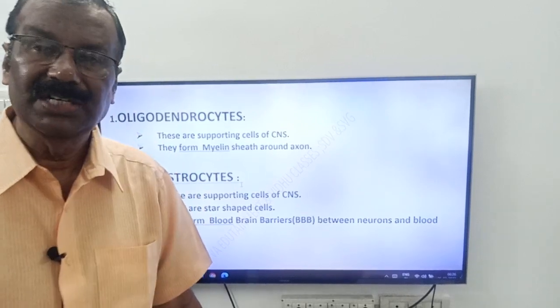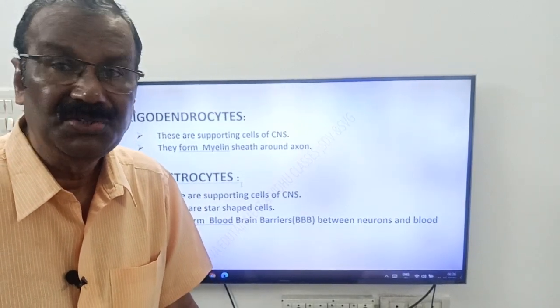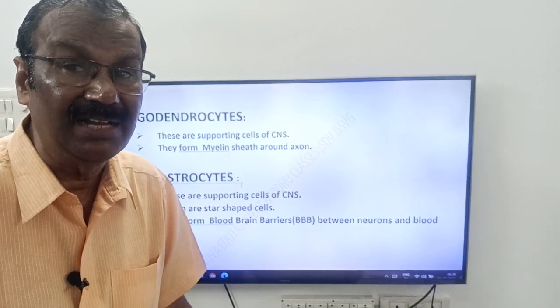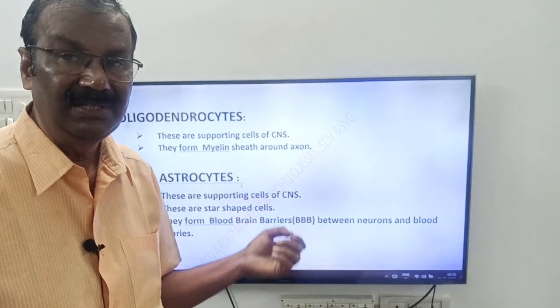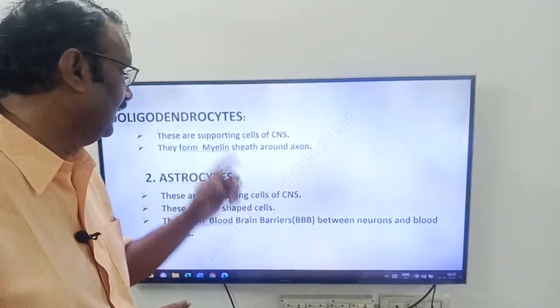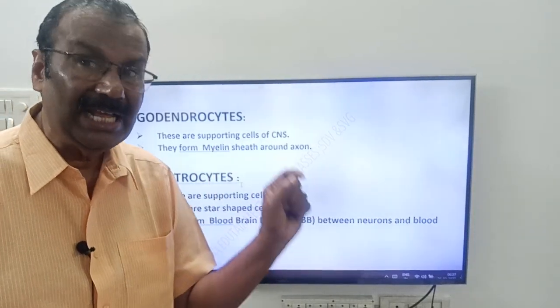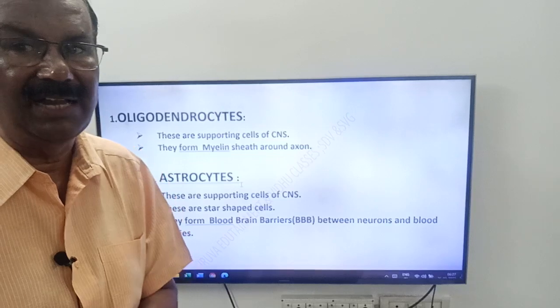The neurons which have myelin sheath are called myelinated neurons. The myelin sheath of the central nervous system is formed by oligodendrocytes.